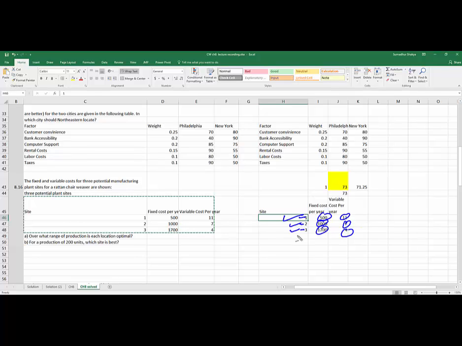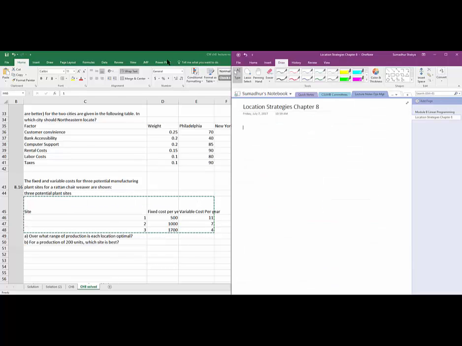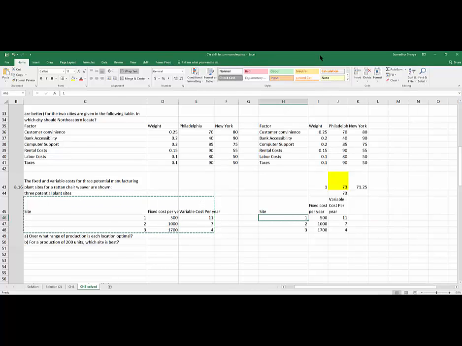Okay, so using the same concept, we are going to solve this first by hand, I mean in Excel, but by comparing the way we would do if we were to solve it by hand. So first I'm going to show you how our calculations are supposed to be done.